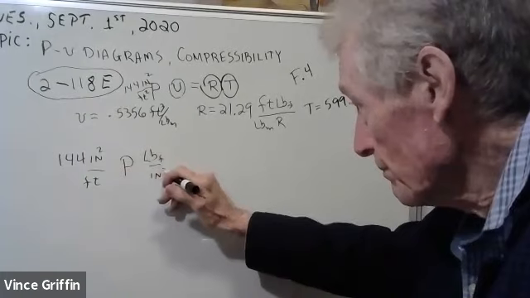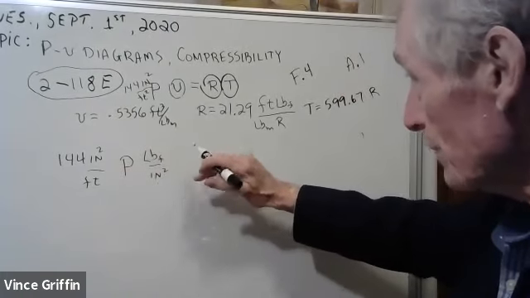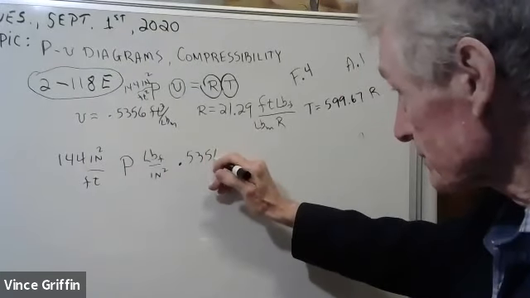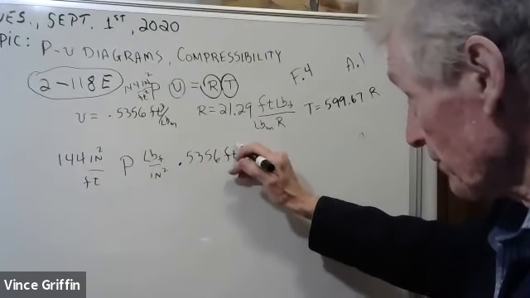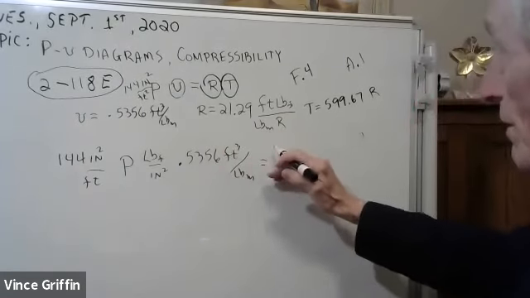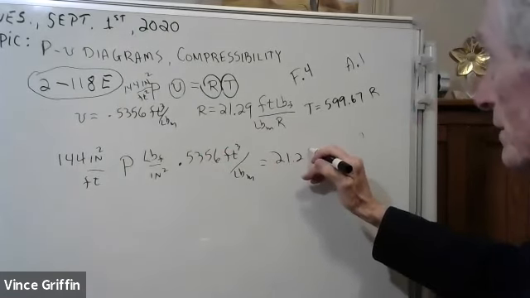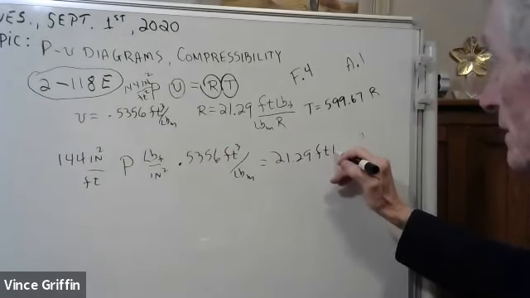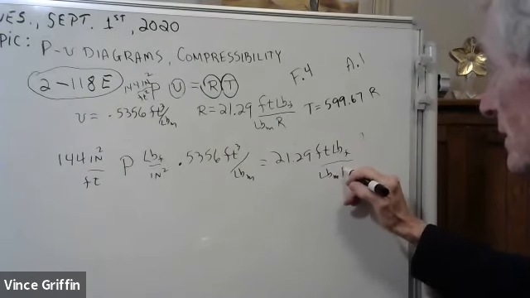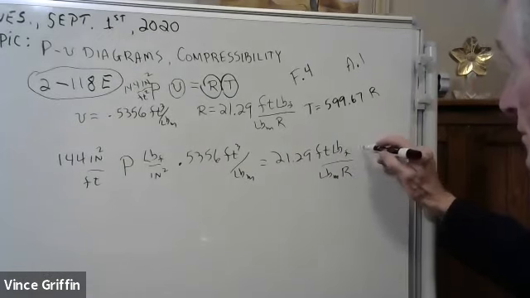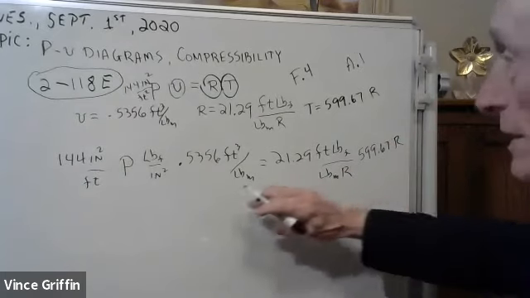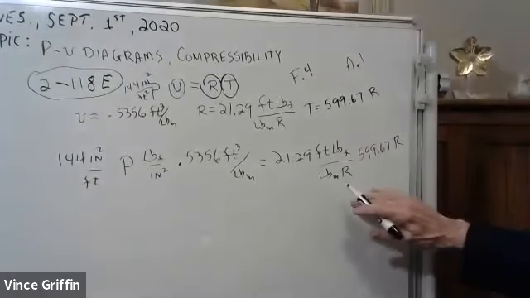And then V, I have that. It's in cubic feet per pound mass. I have the R, it's 1545 over 28.97, and I have the Rankine temperature. It's 599.67 Rankine.